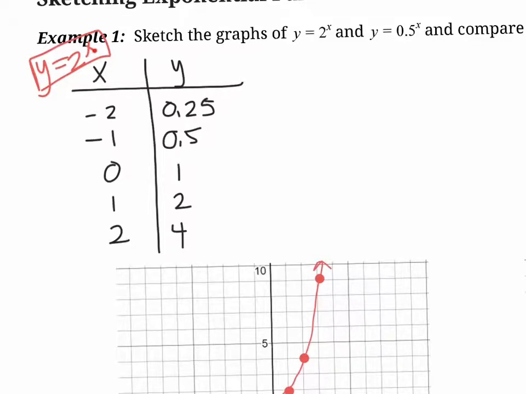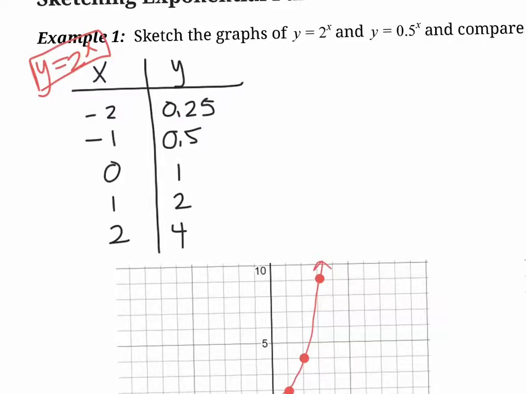I tried plugging in negative numbers. Does it give me a negative y? Nope, it's positive. We know it's positive because of an understanding of exponents. If you've never learned that before, we'll get into it. But I've tried negative numbers and the answer still comes out positive. I've tried 0 and the answer comes out 1. I've tried positive numbers and the answer comes out positive. That means there's no x that I could plug in here that would give me a negative number.